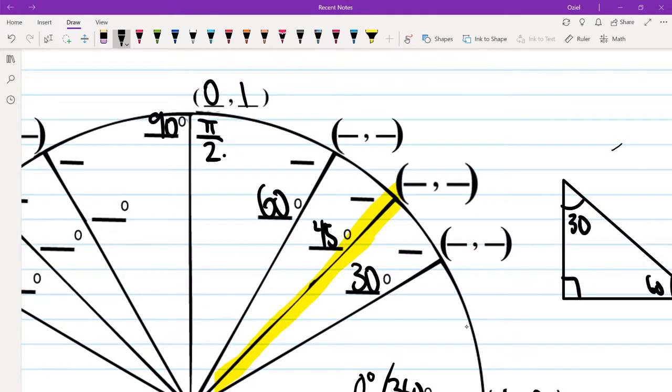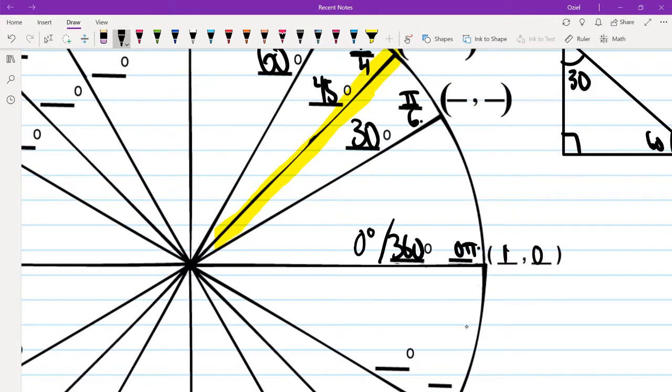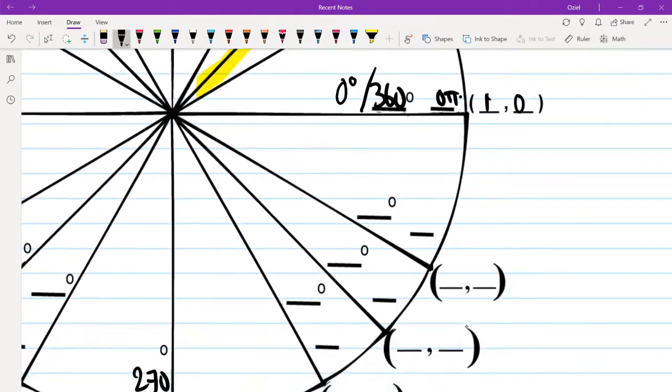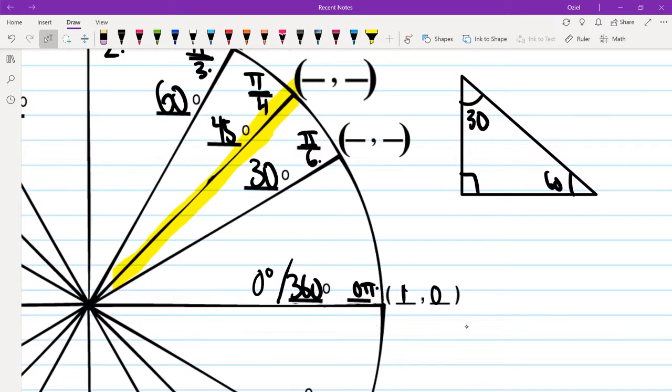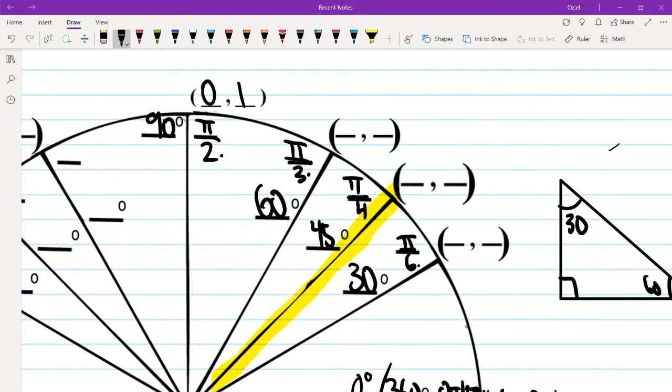And then this one would be pi over 3. And if you convert every one of these, you would have pi over 4, pi over 6, and then you would have 0 pi right here. 0 pi, or also 2 pi, since they're both the same one.